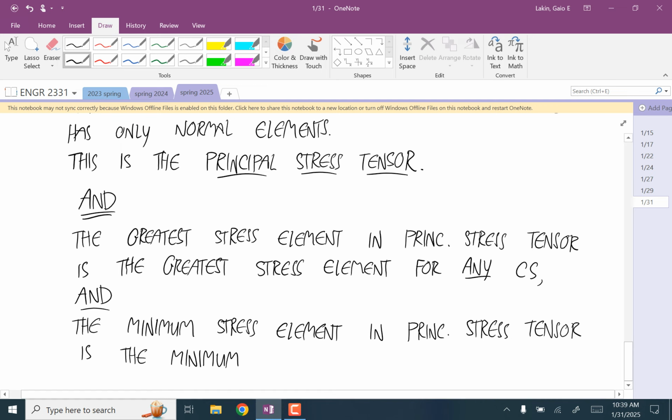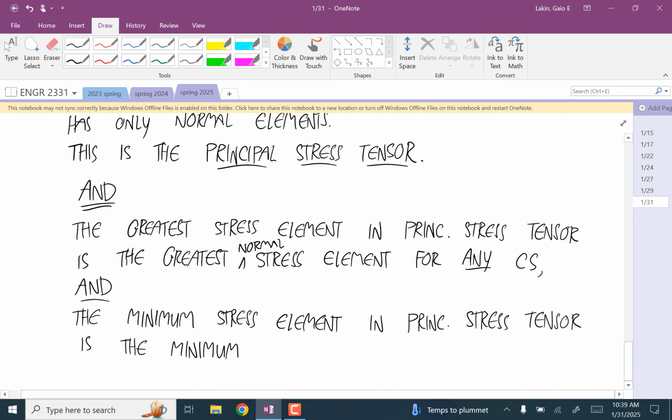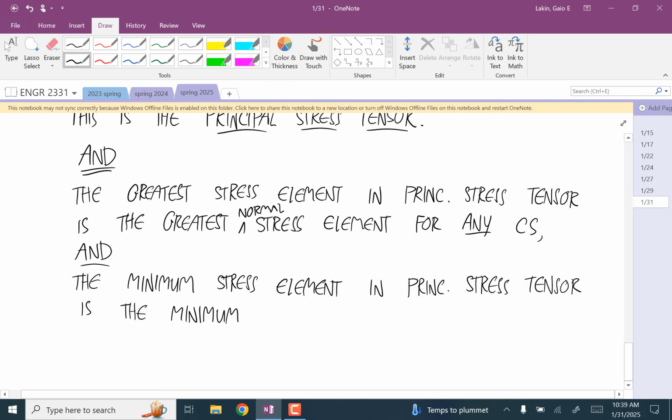Now normal, I should have said normal here. So the greatest stress element in the principal stress tensor is the greatest normal stress element for any coordinate system. It actually ends up being the greatest stress element too, but it's true in this other case too.